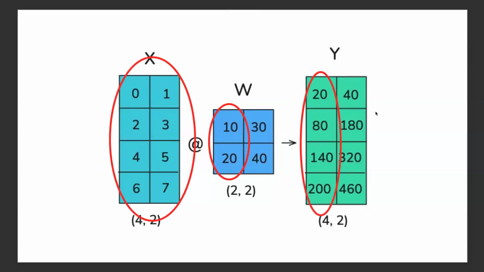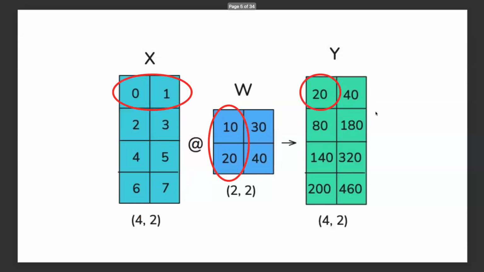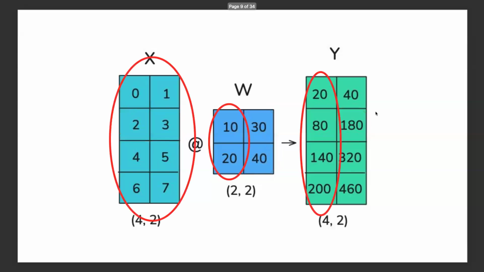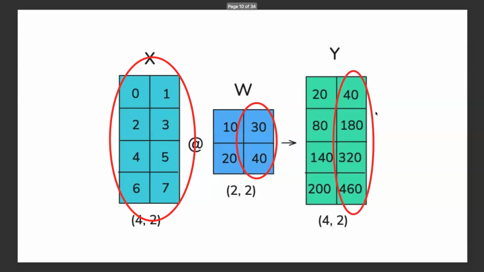And we can notice that if we take the whole matrix X and multiply it by a single column of W, we get back a single column of Y. Like right here, first row, first column, it's Y11. Second row, first column, it's Y21. So basically, the entire matrix X multiplied by the first column of W is the first column of Y, the output. And the second column of W gives the second column of Y.